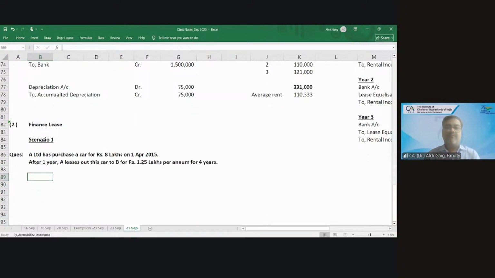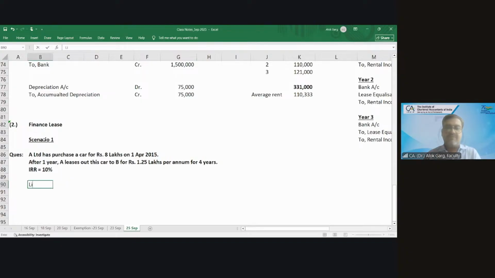Interest rate implicit in the lease is 10%. IRR is given. IRR is equal to 10%. It's a lessor accounting. Lessor तो अपना IRR ही use करेगा ना. So calculate the necessary impact in the books of A Limited considering there are 4-5 things also given.